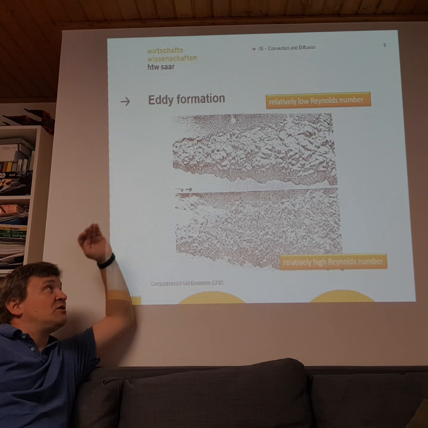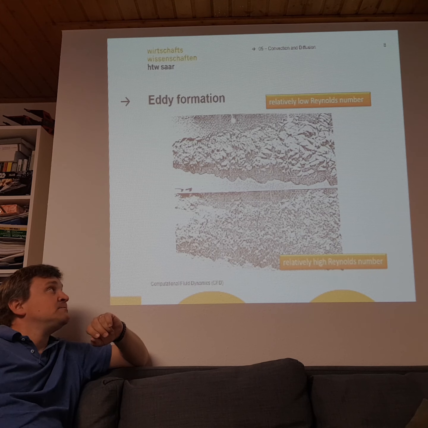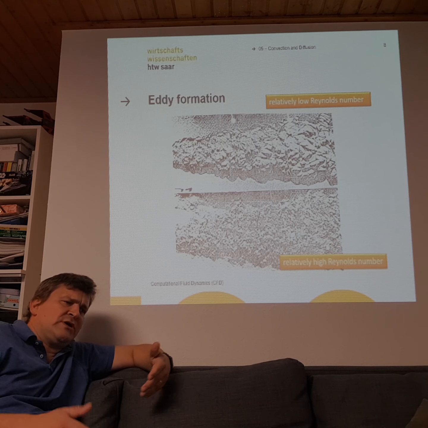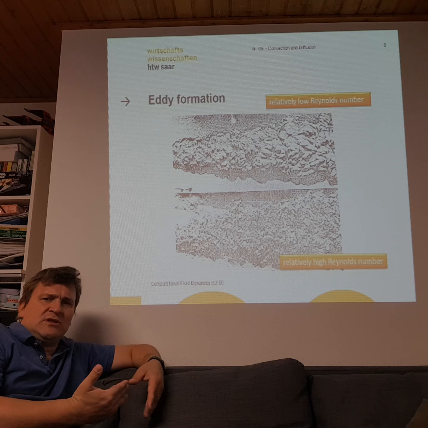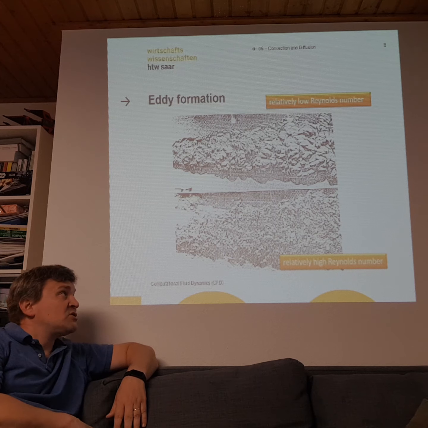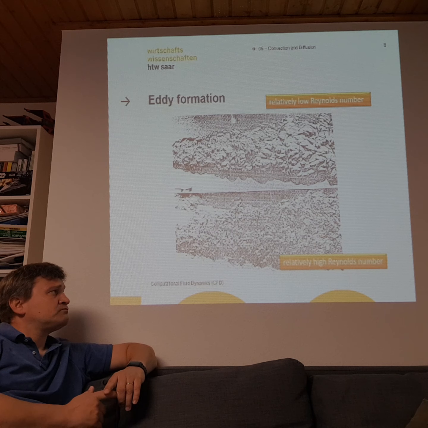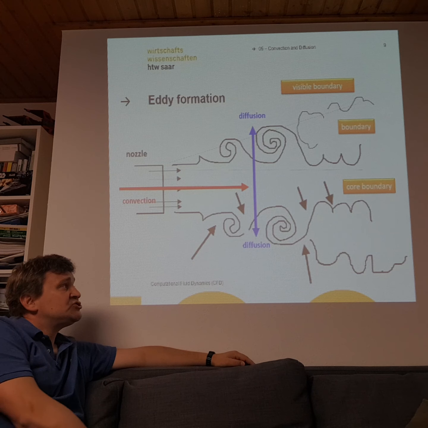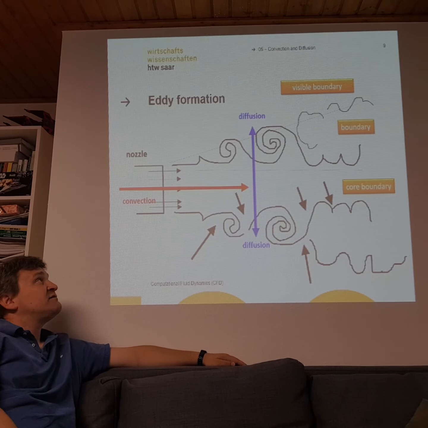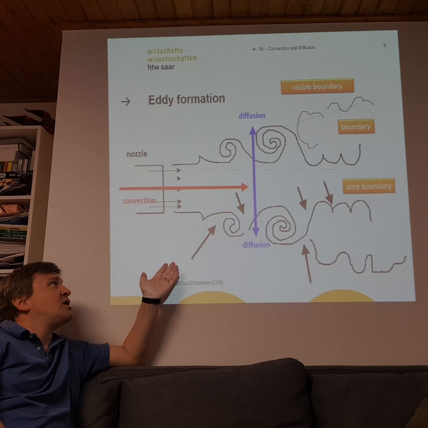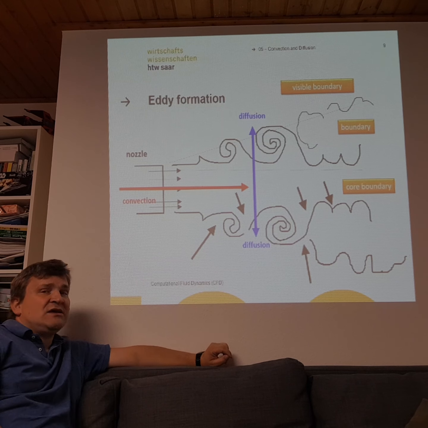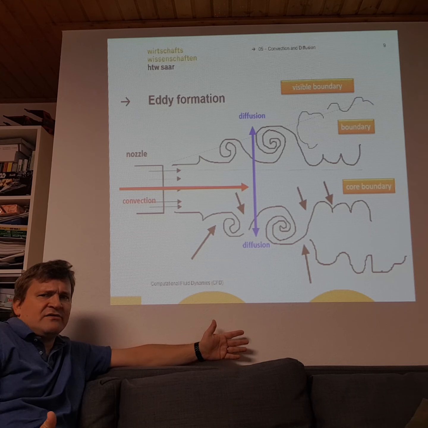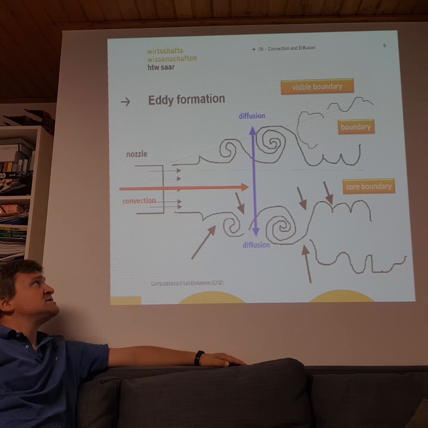This is a picture of a jet of gas, and if you get higher Reynolds numbers, which you can get by high velocities or lower viscosities of the fluid, then you get more, smaller swirls. So in general, if you have a jet turbine or a nozzle, and we inject gas or any kind of fluid, even water, it's the same effect.